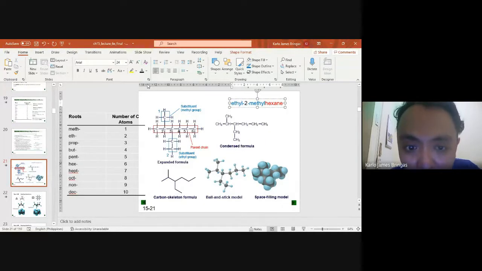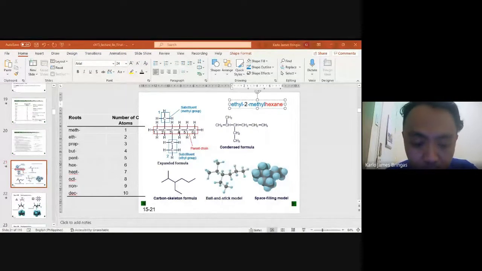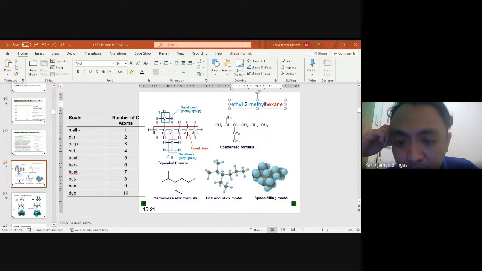Now for this one, for the ethyl group, can you tell me to what carbon atom is the ethyl group connected to? Crystal has her answer. How about the rest?